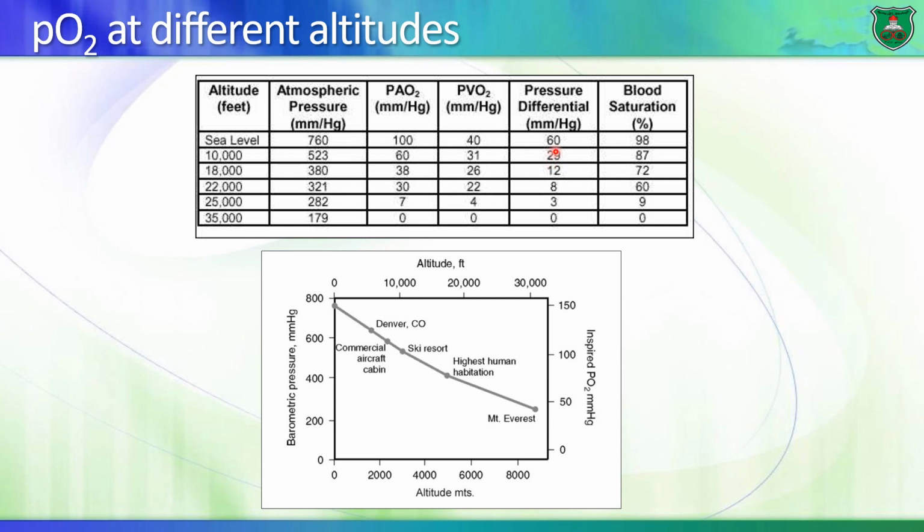So about 30 torr of oxygen would be released, and this is really very little compared to normal conditions, that is at sea level. So of course, the higher that you go, the lower the oxygen pressure goes, and same thing with arterial oxygen and so on.